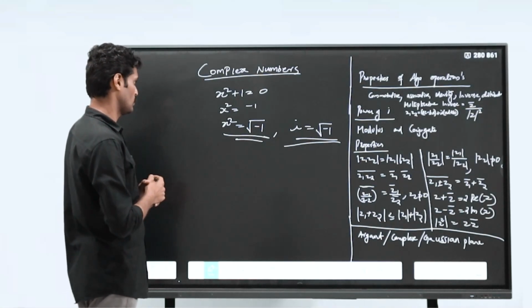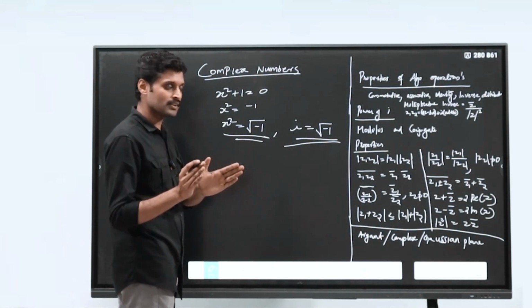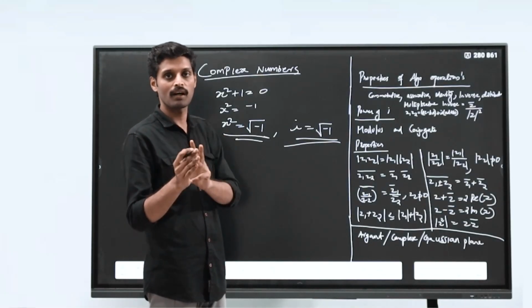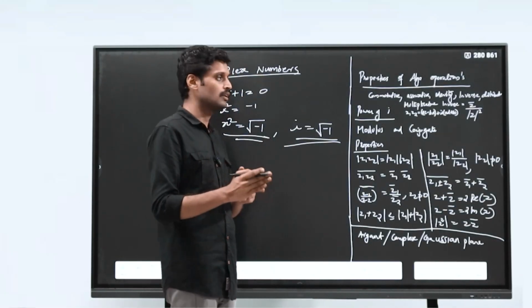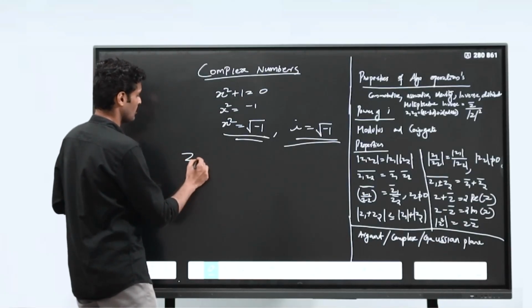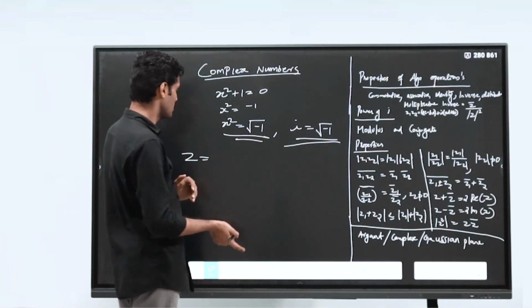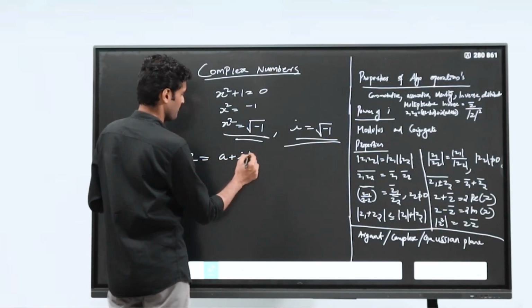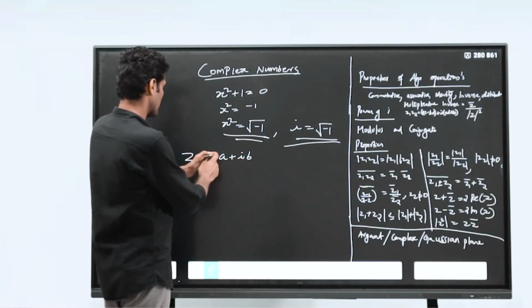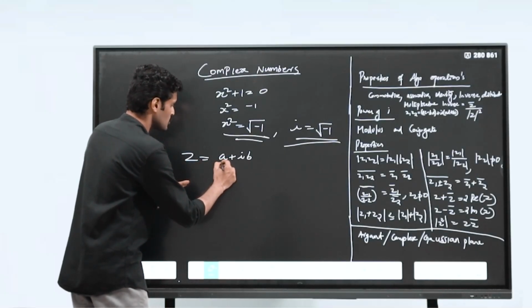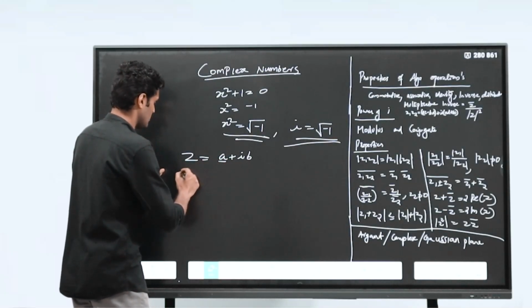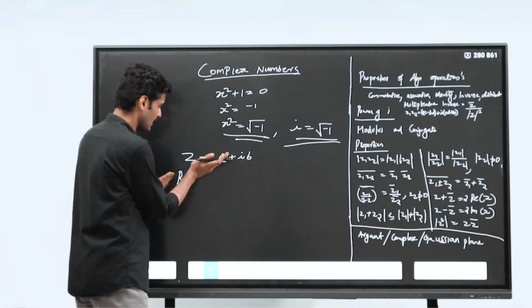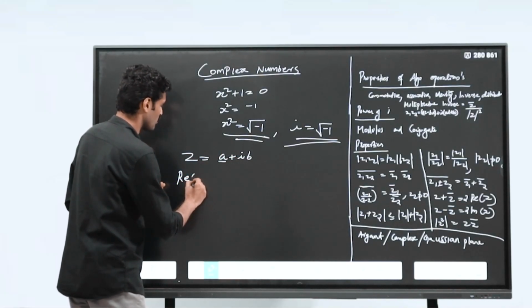A complex number is a number which has two parts, a real part as well as an imaginary part. We can denote a complex number as z equal to a plus ib. Here the first part, a, is known as the real part of the complex number.